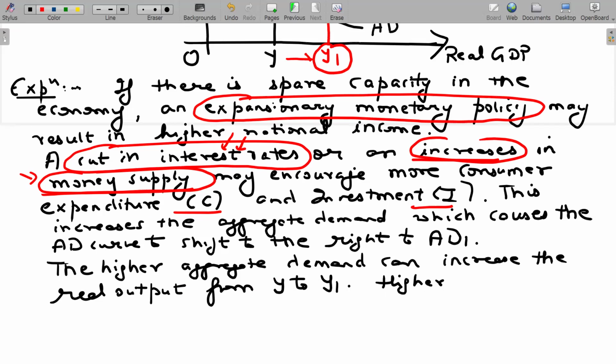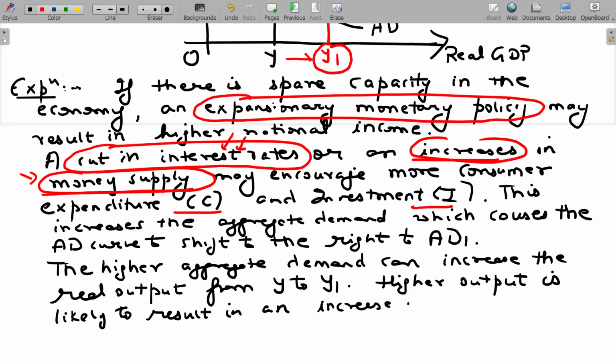Also, higher output will lead to an increase in employment as well. When firms decide to produce more output, they will hire more workers. So higher output is likely to result in an increase in employment.